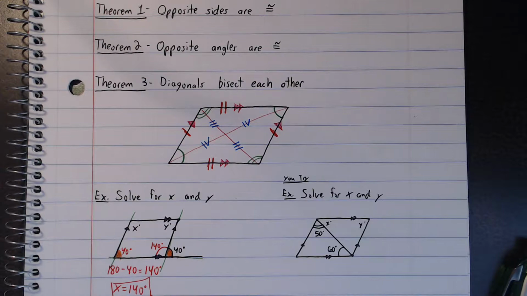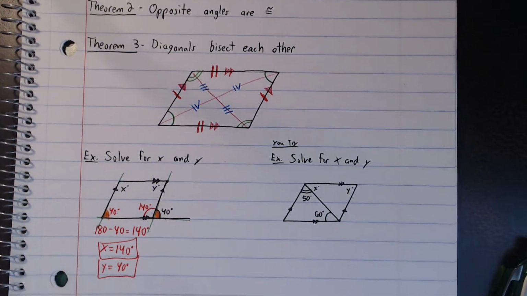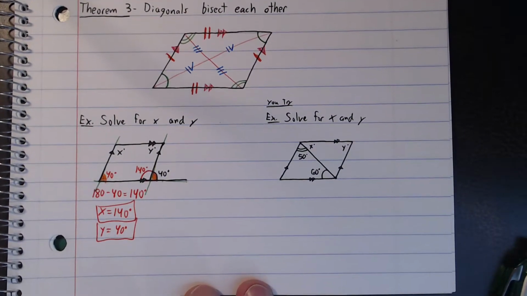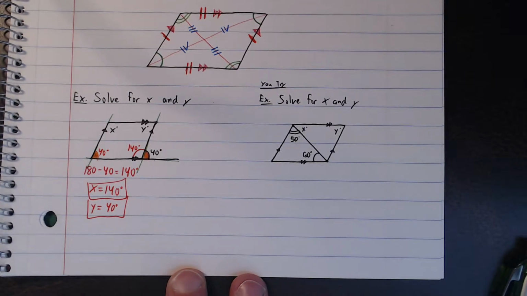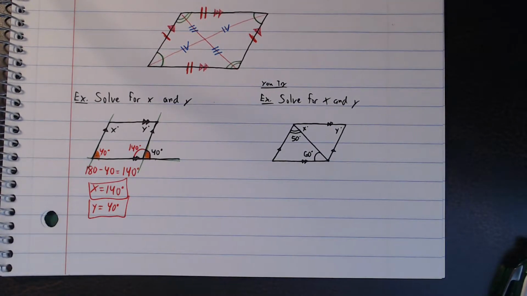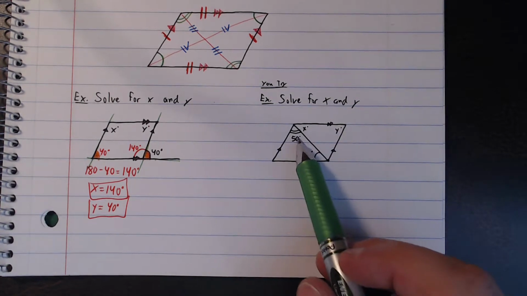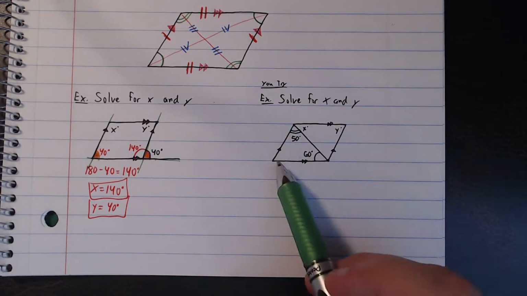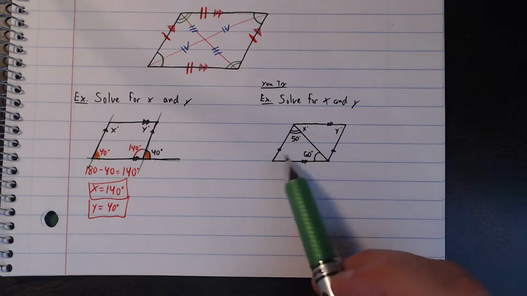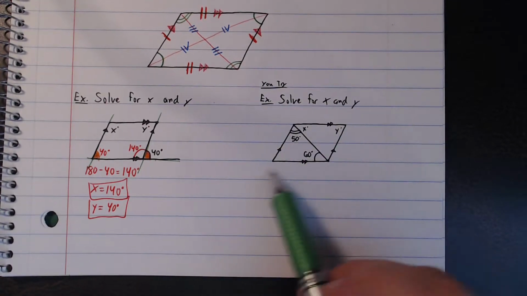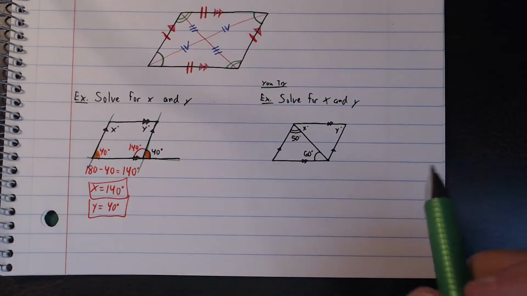Alright, let's see. I'm going to get rid of the theorems from the screen, so hopefully you have those written down somewhere. Okay, what I see here is a triangle, actually two of them, that are inside of this parallelogram. Well, good news.